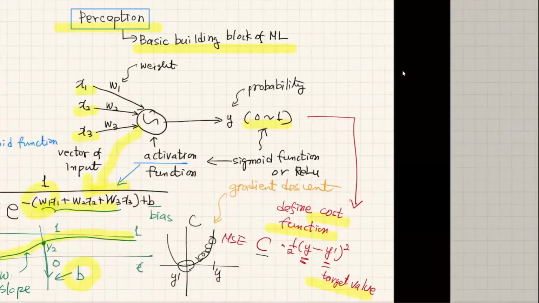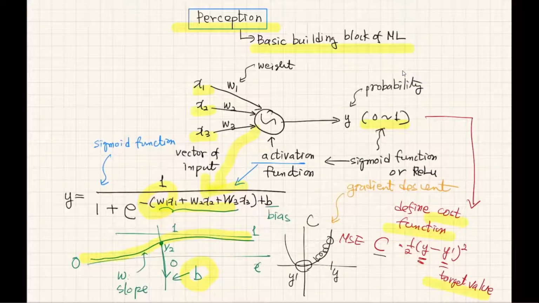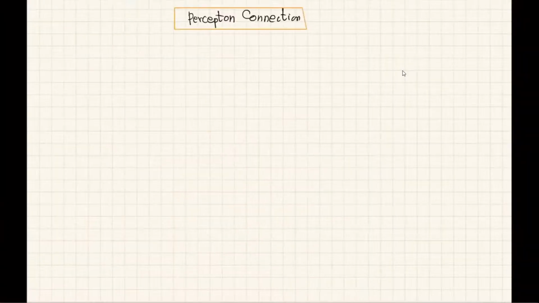In the previous page, I was talking about the basics of perceptron. Now I want to talk about the connections of this perceptron. Let's start with a very simple case.